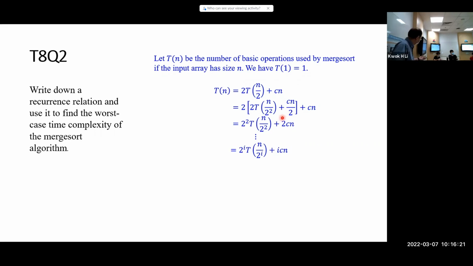Basically, using this particular one here, put it inside the brackets here. So 2 will be 2, T will be T. The number of elements here, you subdivide into 2, so it is n divided by 2 by 2. So it's 2 squared. And this cn is cn here, but n is n over 2.